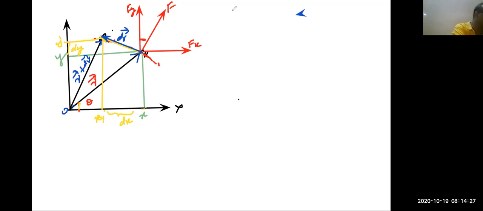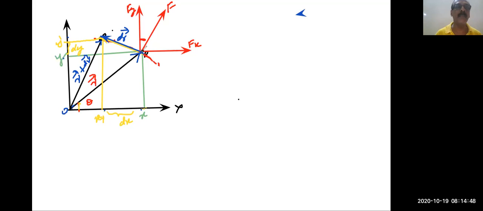Sir, what is dr here? When x is shifting to x1, y is shifting to y1, r is shifting to the new position, right? So that displacement is dr. Yes, sir. Is it clear? Yes, sir. It's clear now.